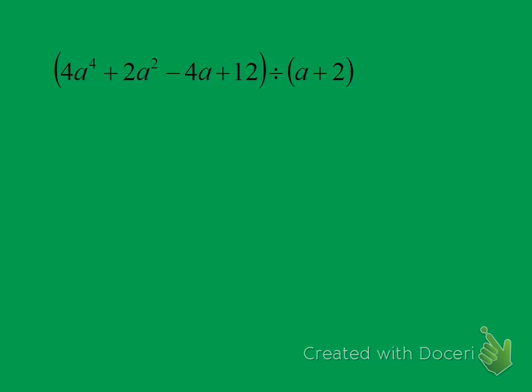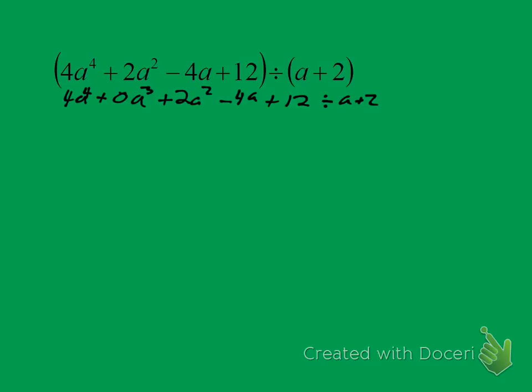Okay? So you got to change the question just a little bit. And this goes for if anything's missing. So you got 4a to the 4th plus 0 a to the 3rd plus 2a squared minus 4a plus 12 divided by a plus 2.